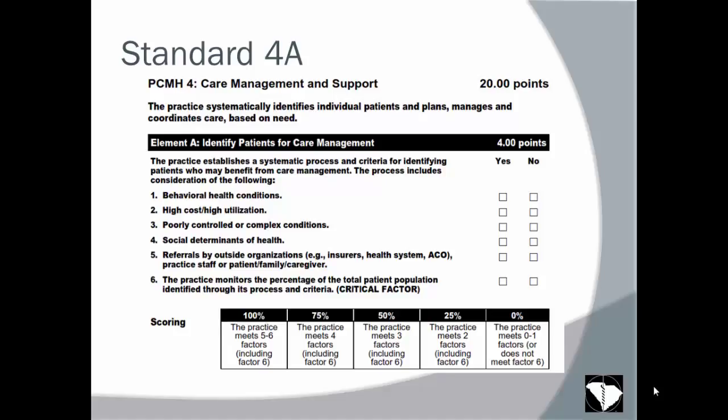And so once you've used the categories that you've listed here, you then count up the number of unique patients. You can't include patients that are in 2 categories as 2 patients. For example, if you have, let's say, on poorly controlled or complex conditions, number 3 there, you select diabetics that have LDL levels above 100.